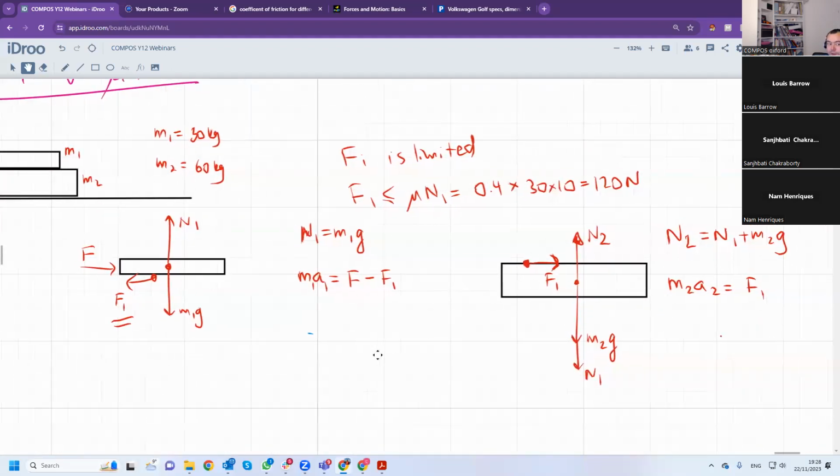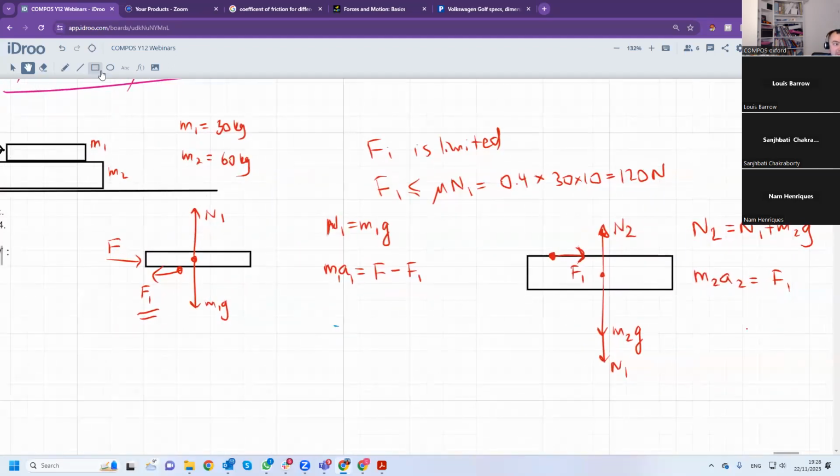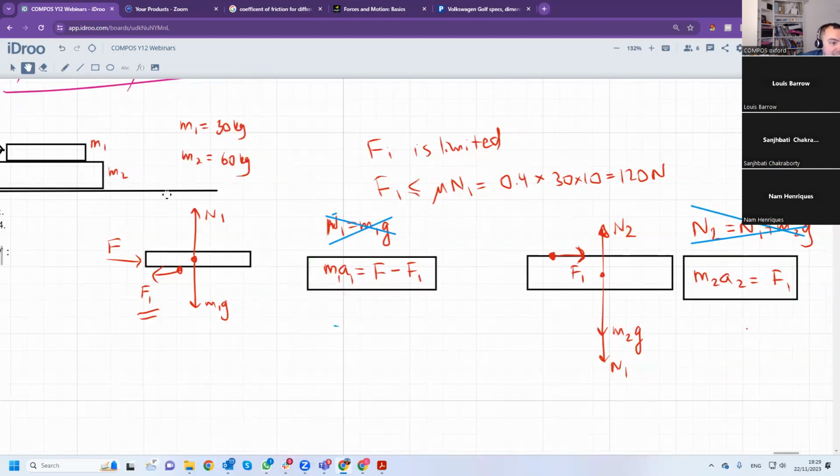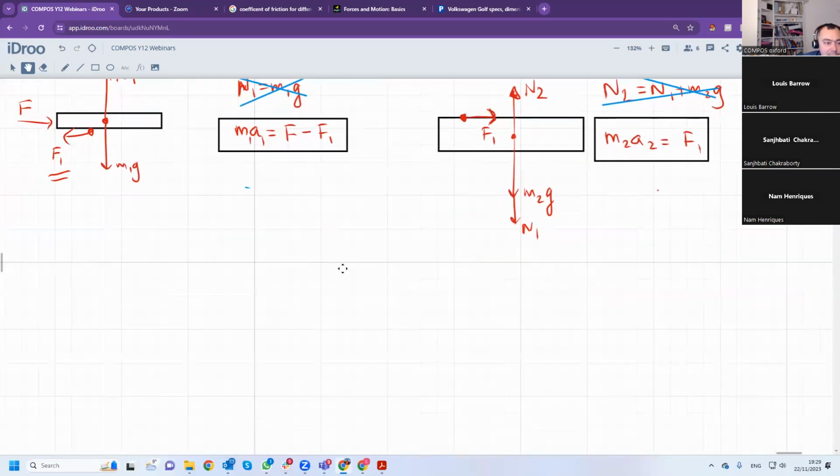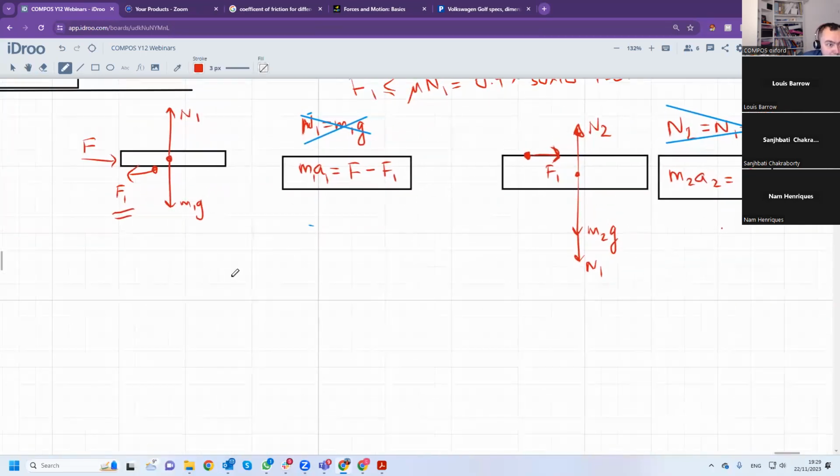That's the actual maximum friction force. We just keep that in mind. So we solve these two equations. As I said, we don't really need this. We plug that in to here.